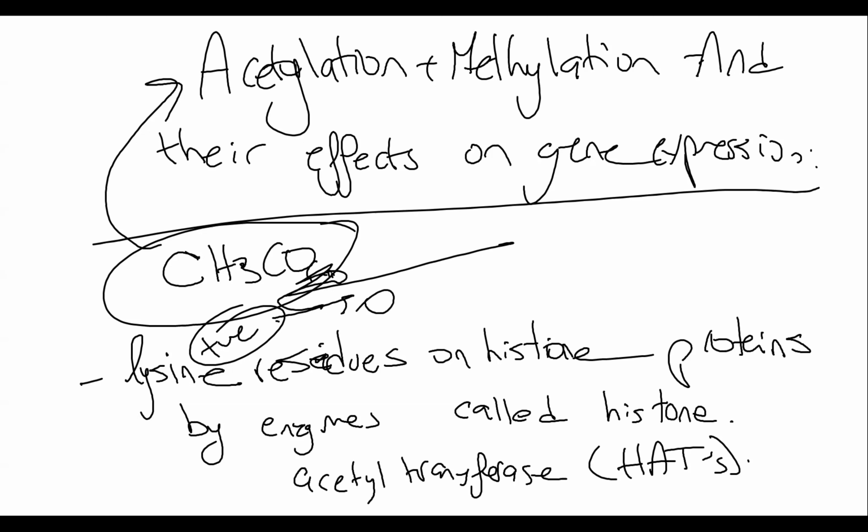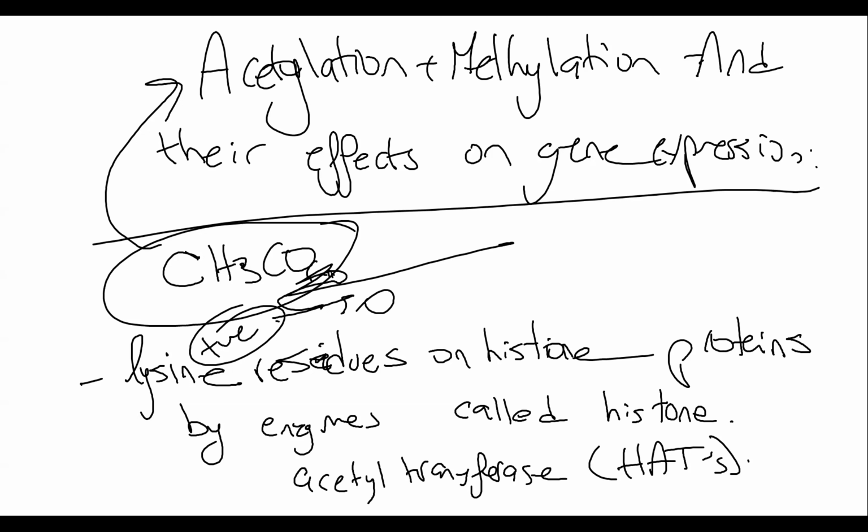These histone proteins were normal, at the end of this chromosome making the chromatin and helping in the cell cycle. When acetylation happens, this lysine will be acetylated.